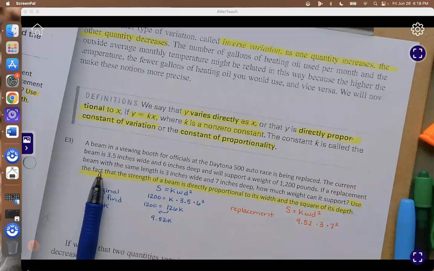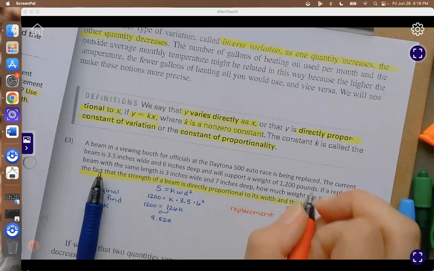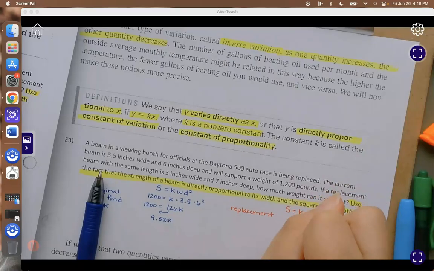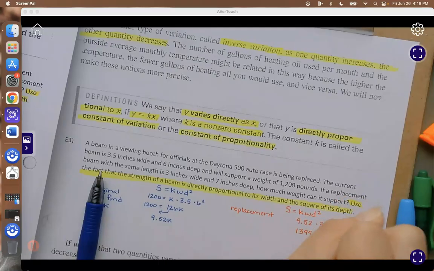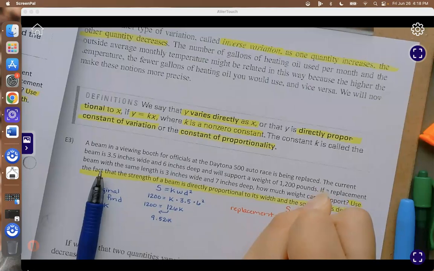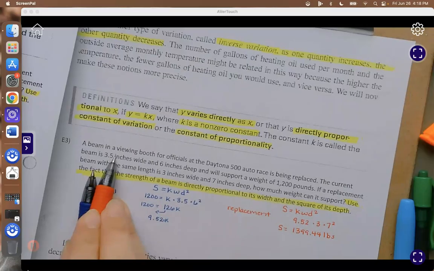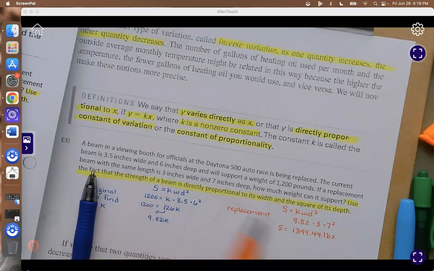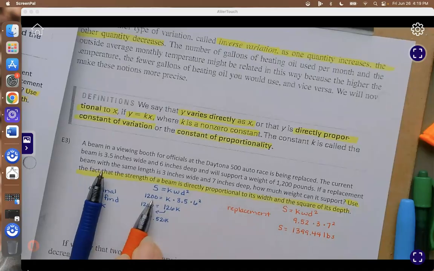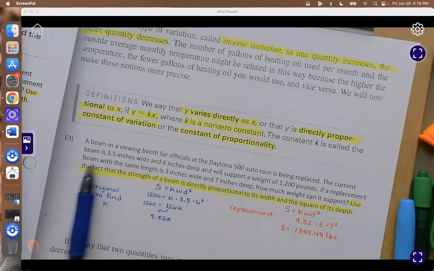Okay, so that's 49 times 3 times 9.52, which is going to be 1399.44 pounds. So this, just by increasing this by 1 and decreasing this by 1/2 inch, increases our strength by almost 200 pounds.